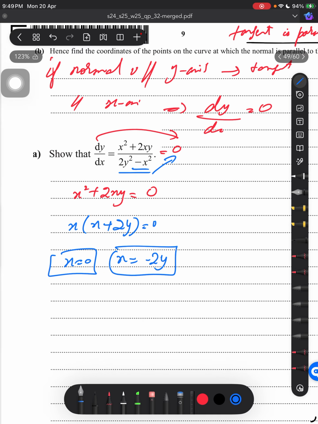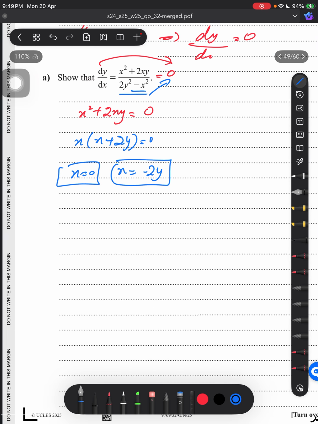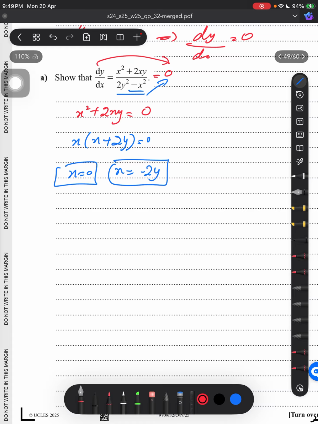So at first we would say, can we plug it in now? Yeah, I think so.